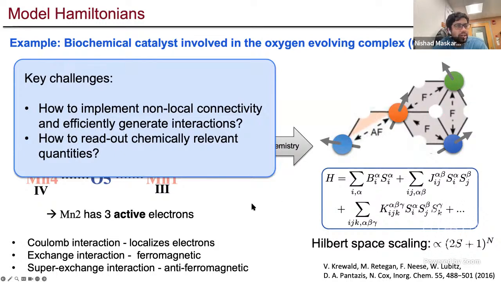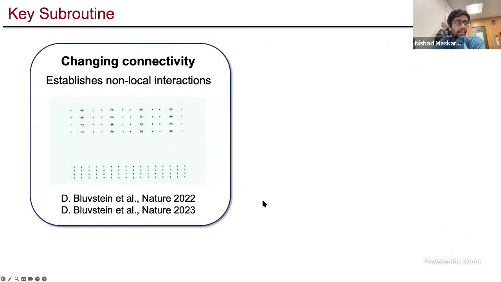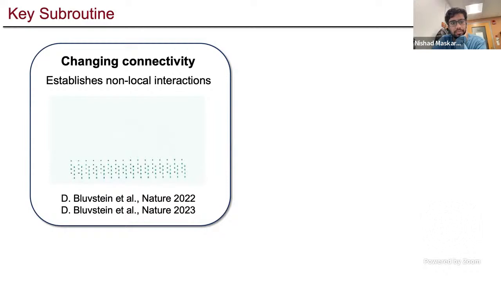All right. So cool. So this is kind of the setting, and then next we'll dive into some details on how we actually go about our proposed implementation. So the two key subroutines that we're going to assume arise from very recent experimental developments.